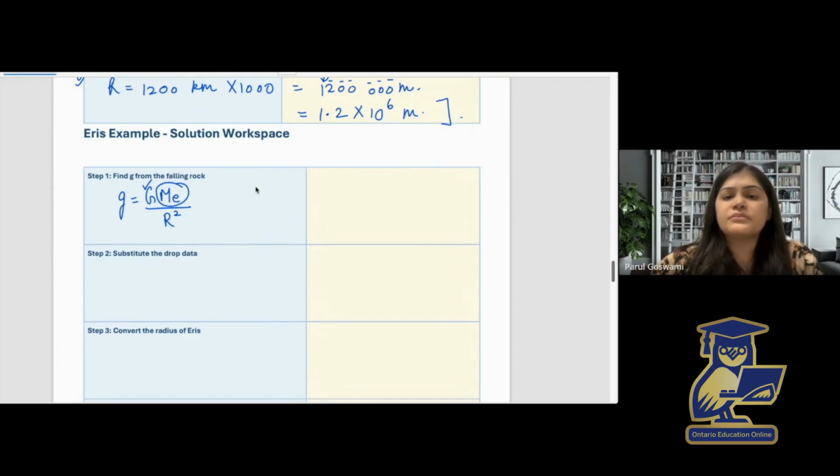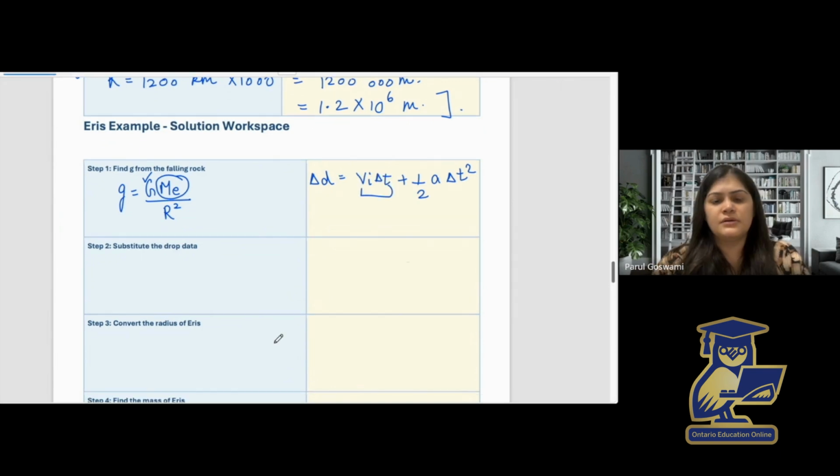So I can write delta d equals, I can use the second equation of motion where delta d equals vi delta t plus half a delta t square. Now I will substitute the values in this equation. As we know, delta d is 0.30 meter given to us. Vi is 0, so this whole product becomes 0. Plus half a can be replaced by g, and delta t is 0.87 square.